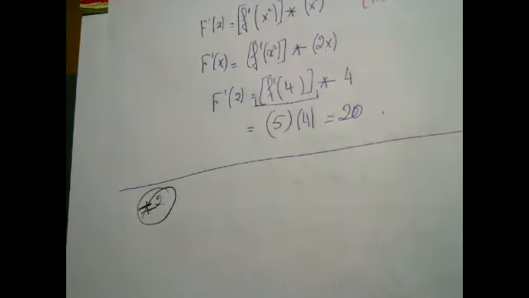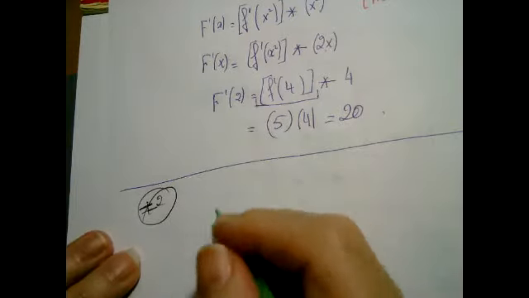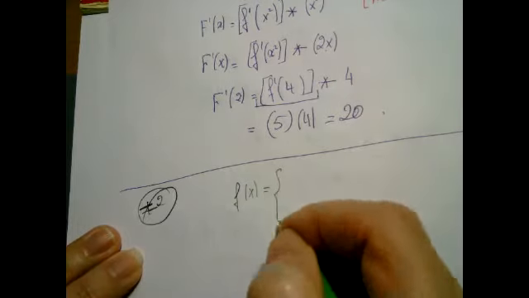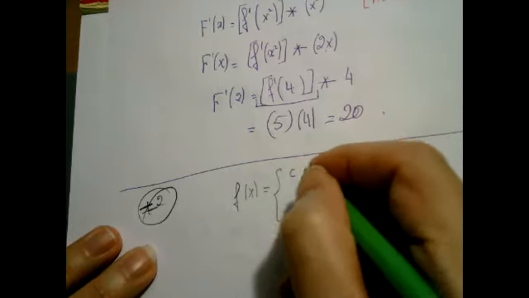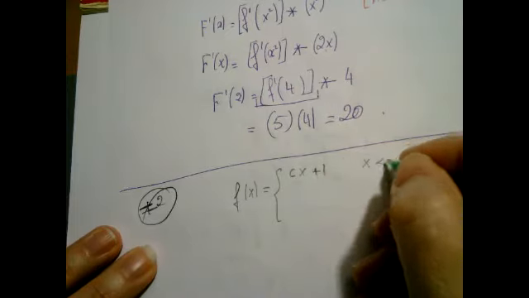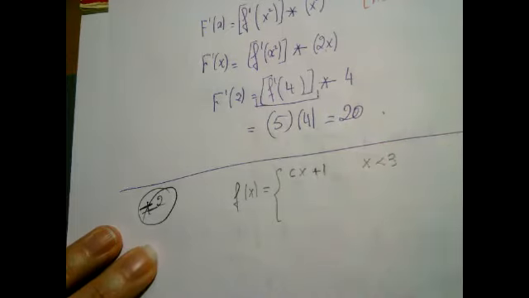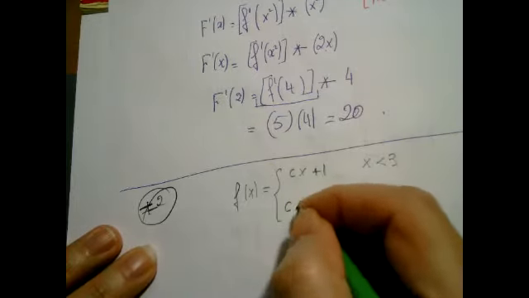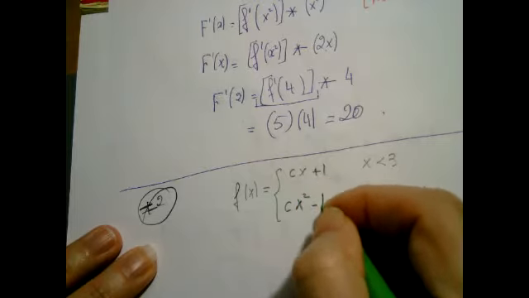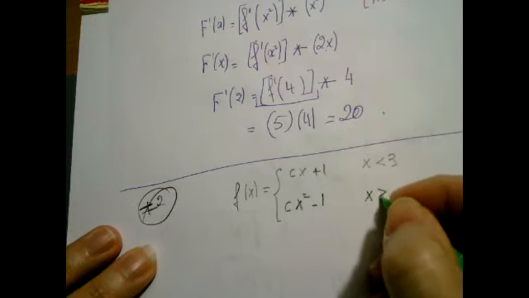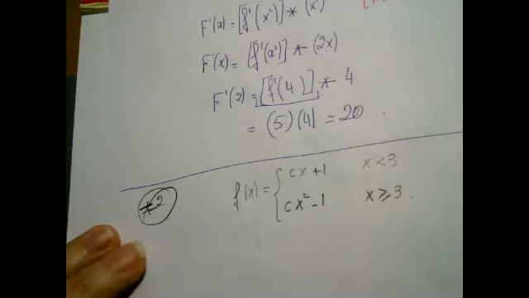And here's number 2. We have a function f of x, and I define the function this way. It's cx plus 1, where c is a constant, when x is strictly less than 3, and it's equal to cx squared minus 1 when x is larger or equal to 3.